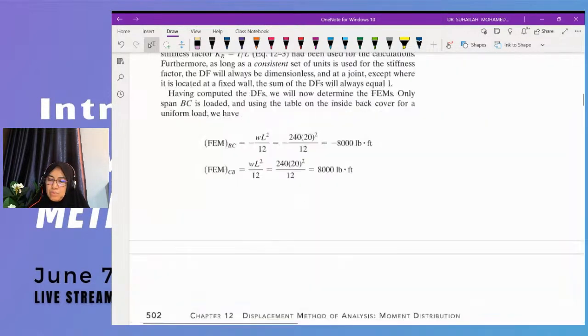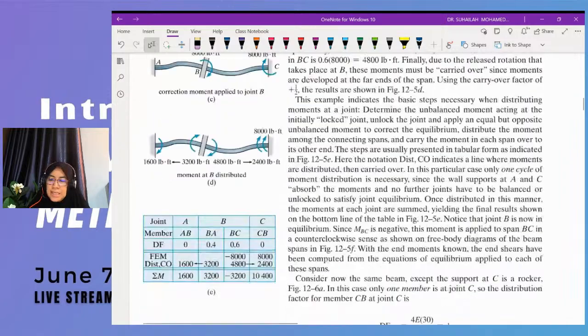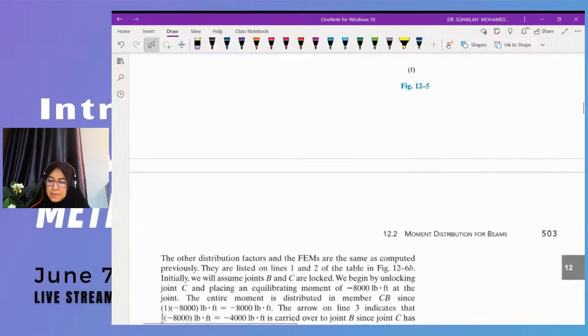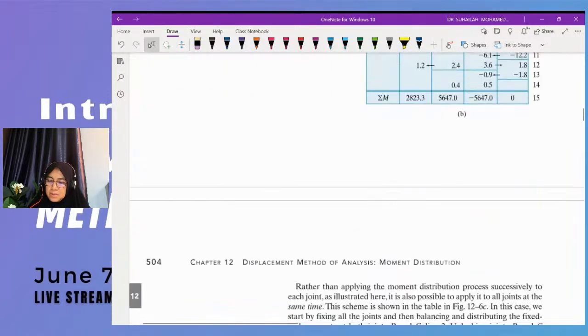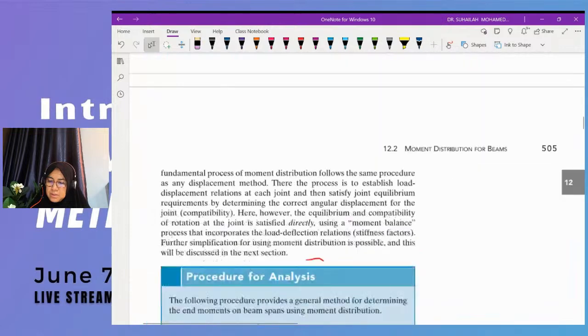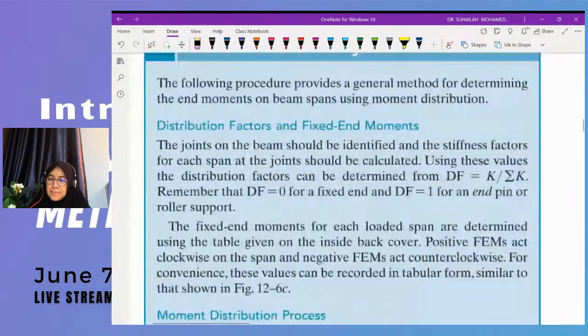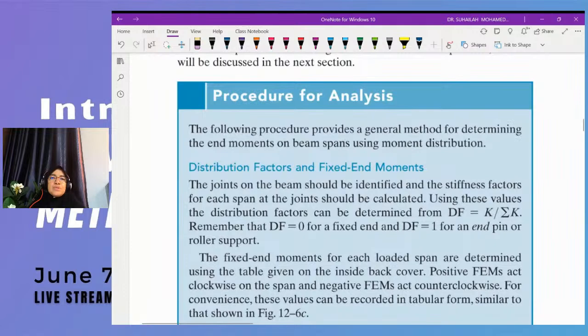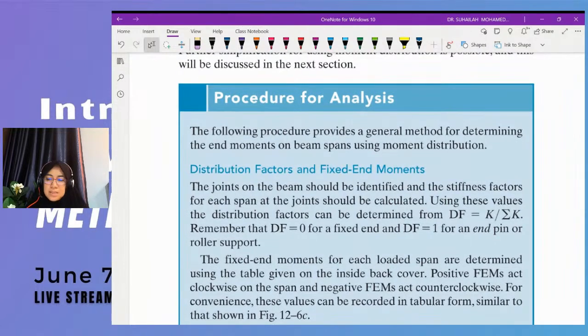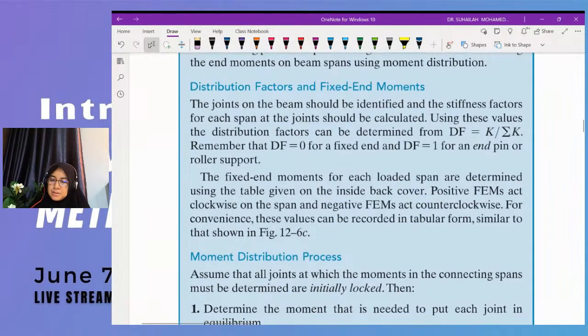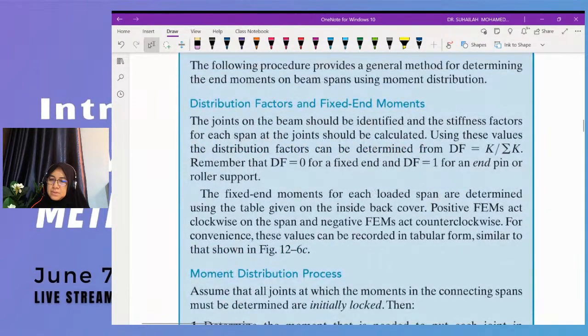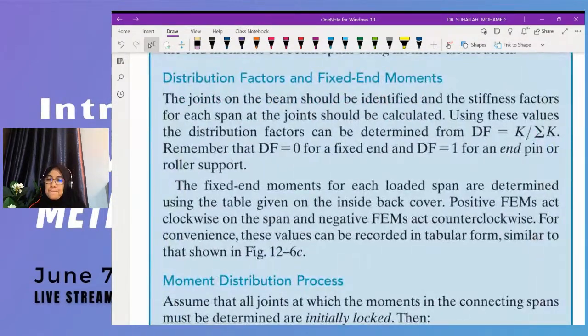I want to move to an example in the textbook. We look at the procedure for analysis first.